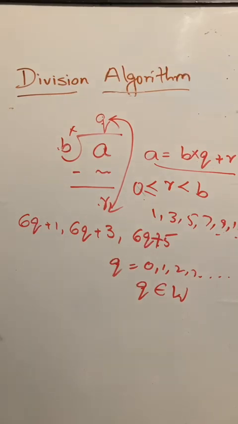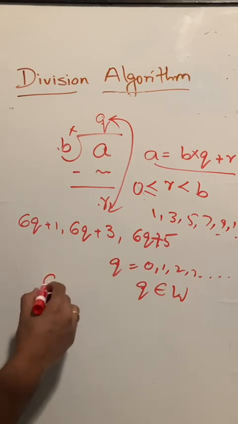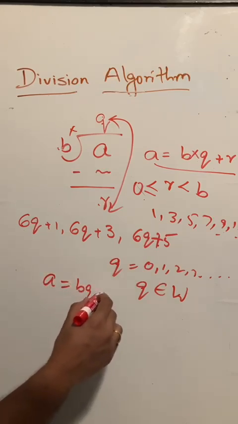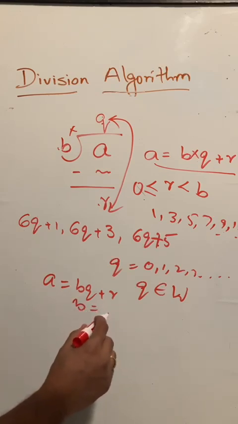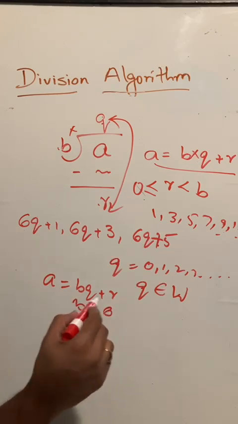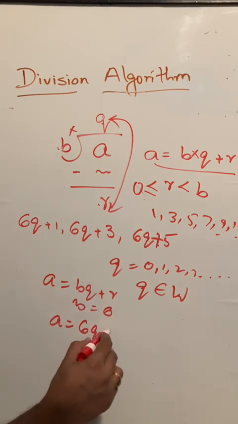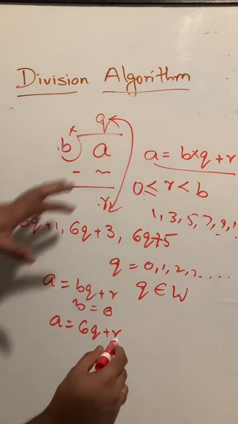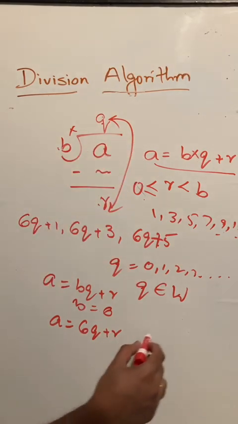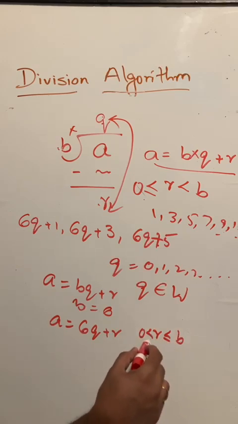Okay, so let's take how we can write A equal to BQ plus R, right? Let's take B as 6. Then A equals 6Q plus R. According to the division theorem, R is always less than B and greater than or equal to 0.